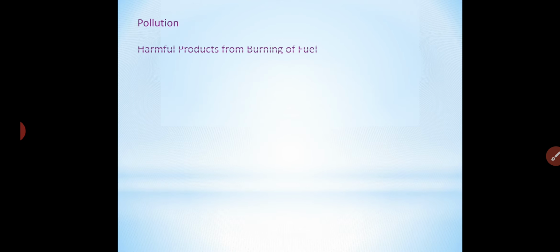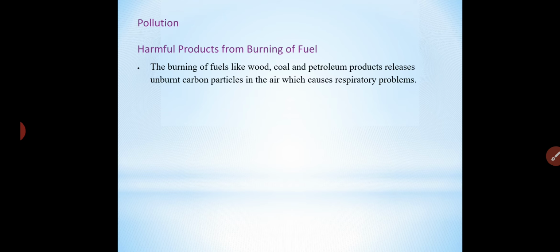So, what is pollution? We already know that there are different types of pollutants. Harmful products are produced from the burning of fuel. There will be air pollution and water pollution.